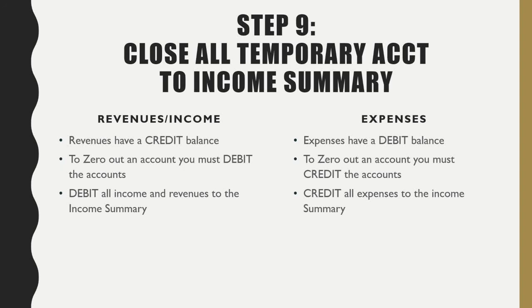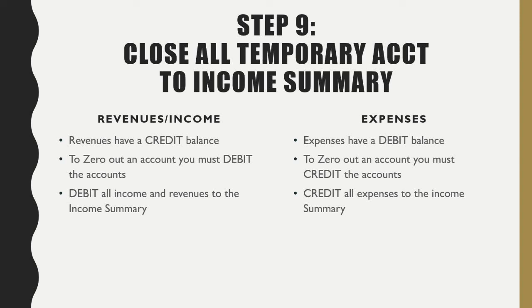But in order to zero out each account, you're going to journalize them and zero each account into the income summary, flowing in the opposite direction. So in this case, in order to close out my revenues, I would have to debit all of my accounts, because that's going to decrease every single one of them until they become 0, and I'm going to zero them out to income summary.